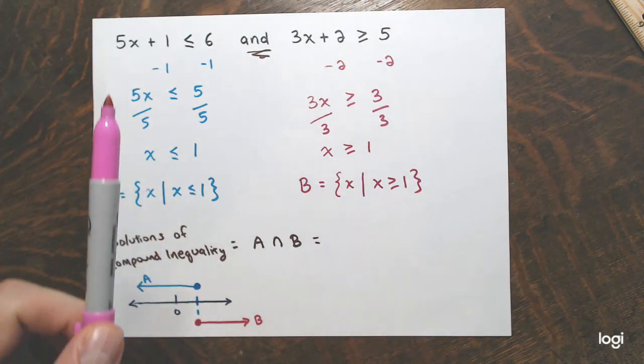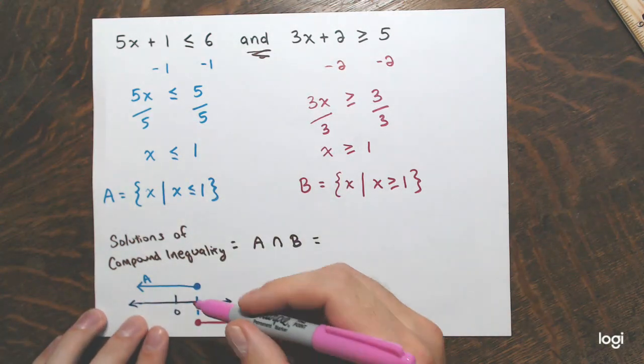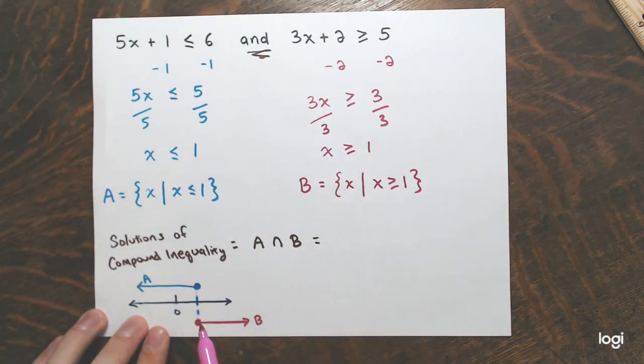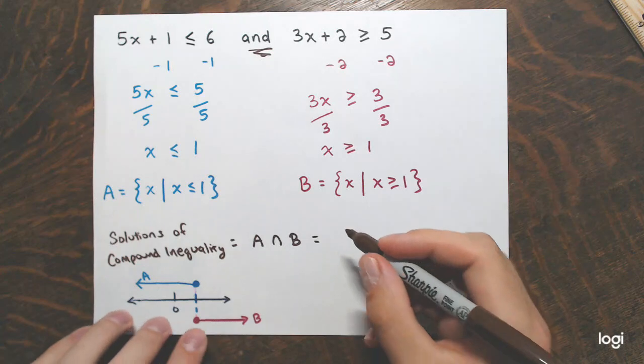What numbers satisfy both of these inequalities? Well, hopefully you can see that there's only one number, and that's the number 1. 1 is the only number that's in both sets. 1 is in A and it's in B. But then anything to the right of 1 is in B but not A, and anything to the left of 1 is in A but not B. So the only number is the number 1.